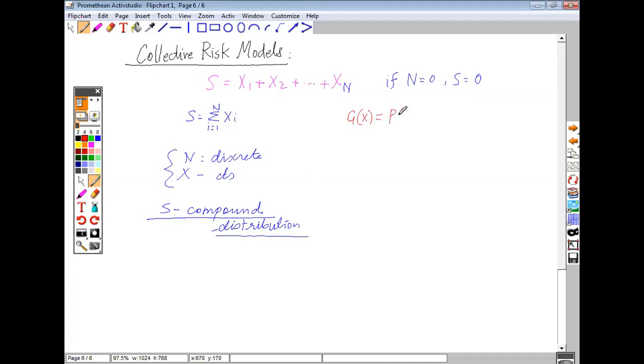So this is just the probability that my S will be less than a certain number, and define f of x to be the probability that my claim will be less than a certain number, and we can define this is small x, and this will be p of n equal to small n, right? Because this is a discrete distribution.